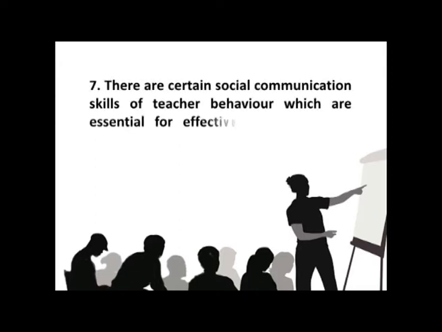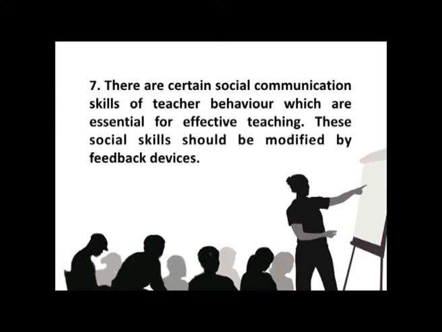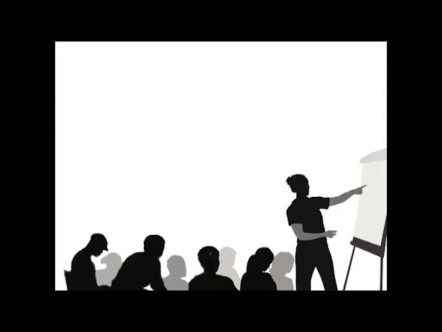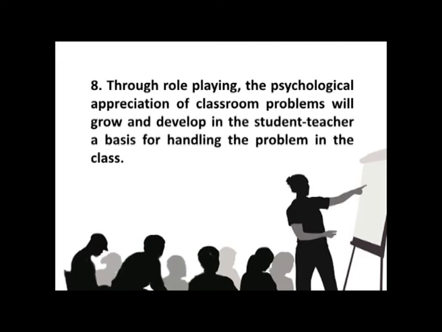Number 7, there are certain social communication skills of teacher behavior which are essential for effective teaching. These social skills should be modified by feedback devices. Number 8, through role playing, the psychological appreciation of classroom problems will grow and develop in the student teacher, a basis for handling the problems in the class.